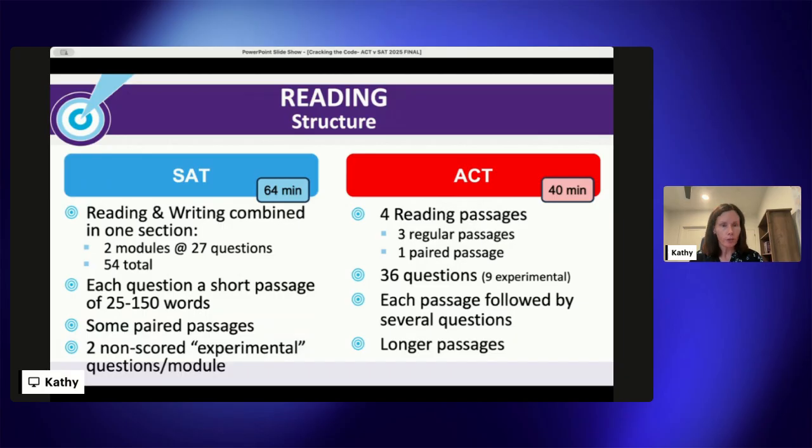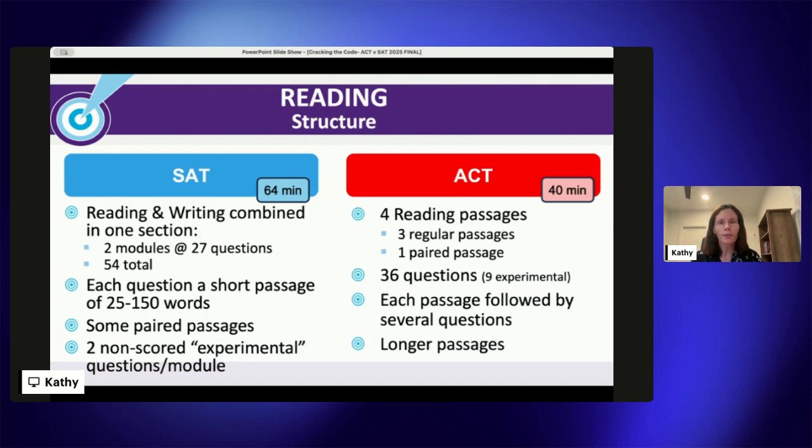You may see some visual text also in the ACT reading. You're going to have 36 questions to answer in 40 minutes. So it's about 9 questions per passage. However, 9 of those questions are going to be experimental, meaning they're not going to count towards your reading subsection score of that 1 to 36.